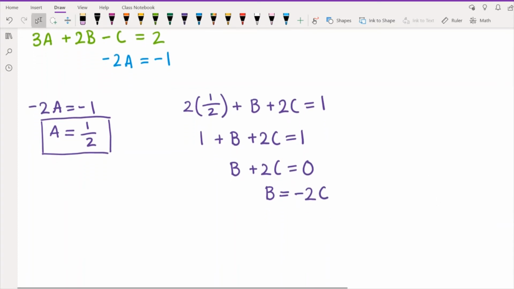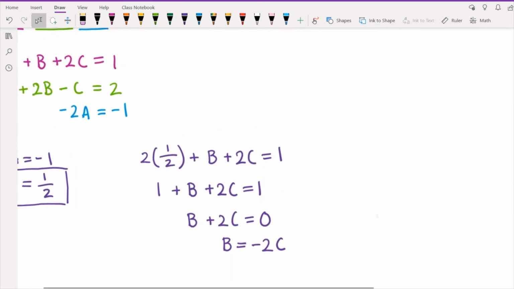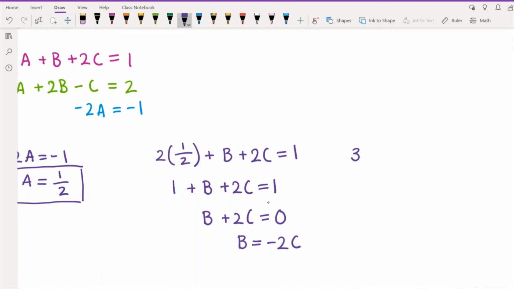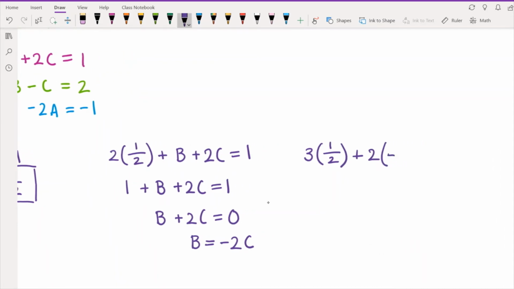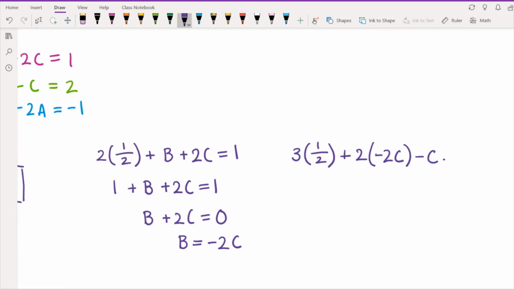So now that we know that b is equal to negative 2c, now we can take this third equation and work with that. So the third equation says 3 times a, so a is 1/2, plus 2 times b, and we're plugging in for b, negative 2c, minus c is equal to 2.